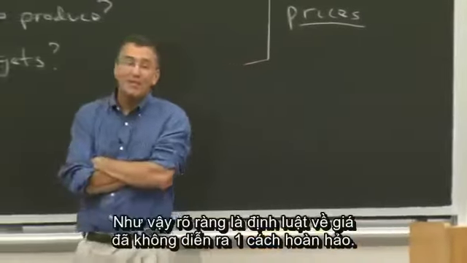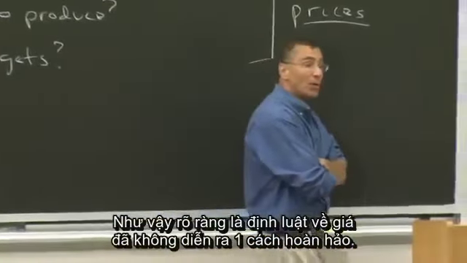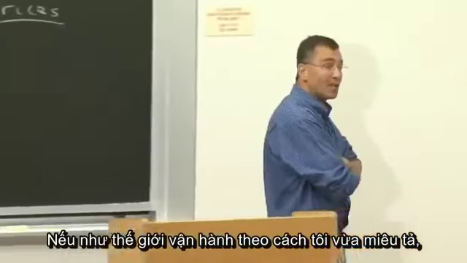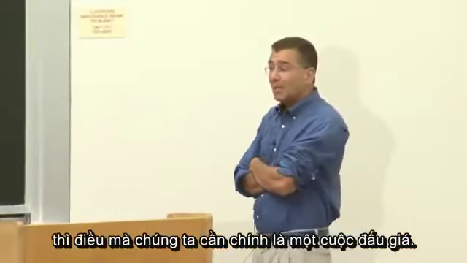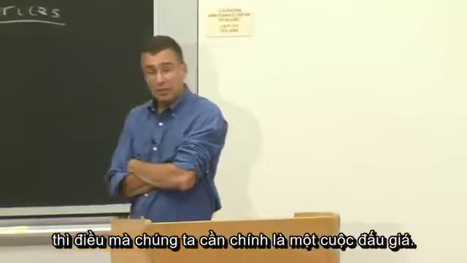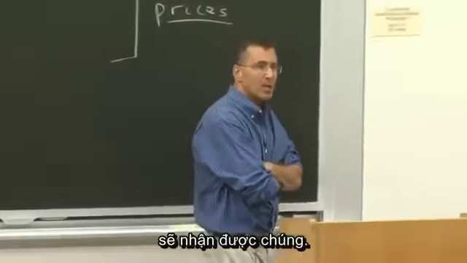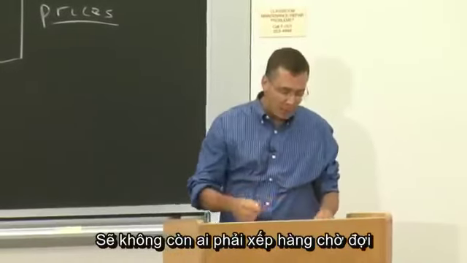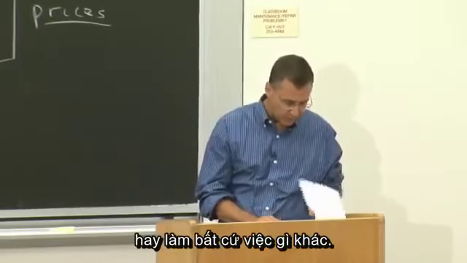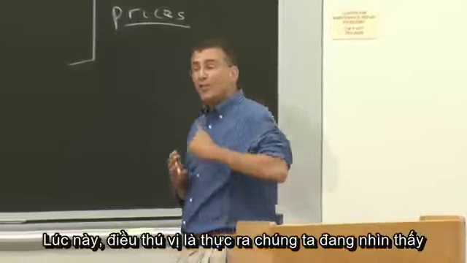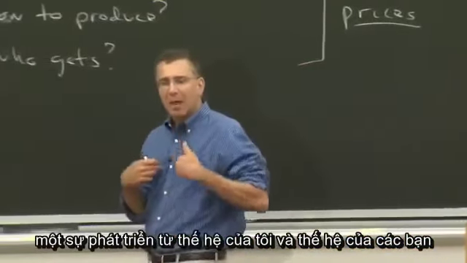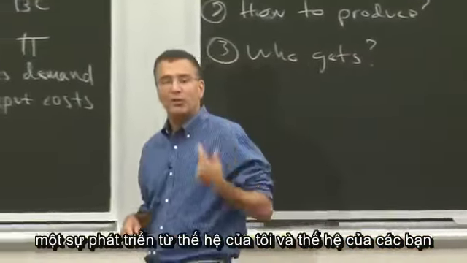Okay? So basically, clearly, this is not working perfectly. If the world worked in the way I just described, then there should essentially be an auction, and whoever's willing to pay the most for Lady Gaga tickets would get them, and whoever's not willing to pay wouldn't, and it wouldn't involve any waiting in line or other things. Now, what's very interesting is we've actually seen an evolution from my youth to your youth towards the economic model.